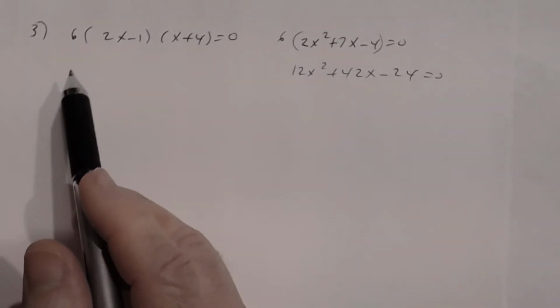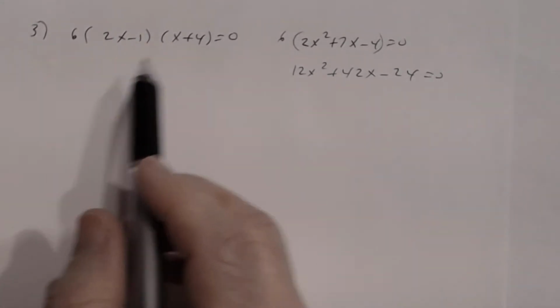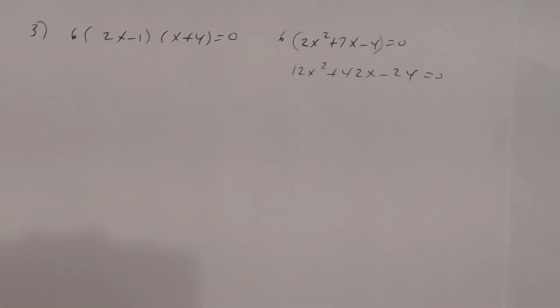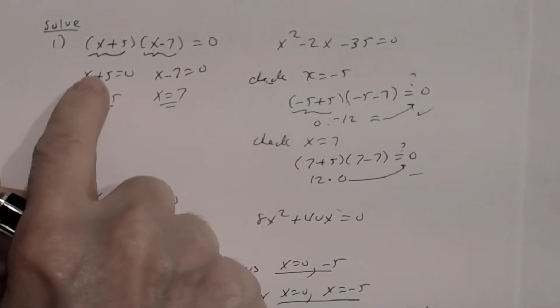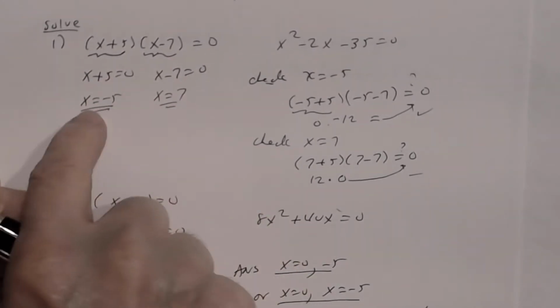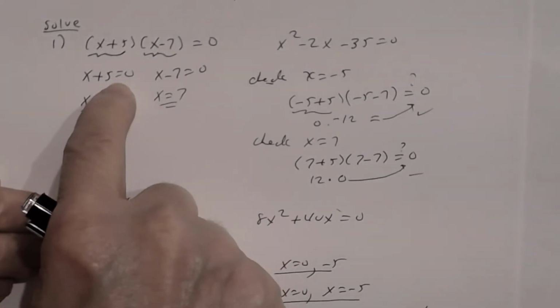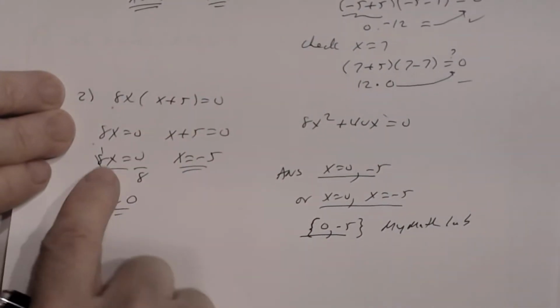You see 3 factors: a factor of 6, a factor of 2x minus 1, and a factor of x plus 4. Now, remember, whenever we set each factor equal to 0, the factors that gave us solutions were factors that had variables in them.